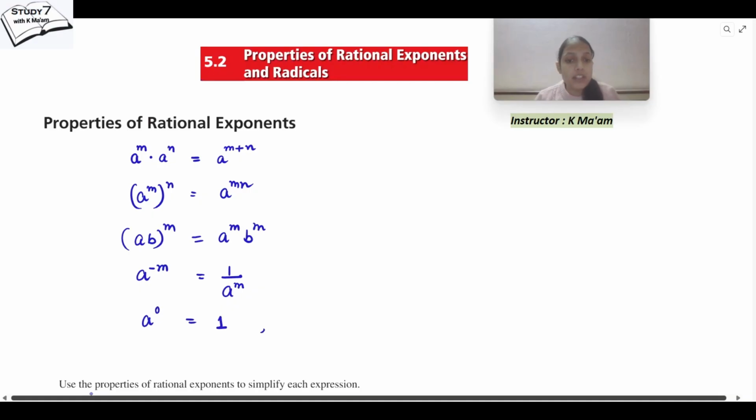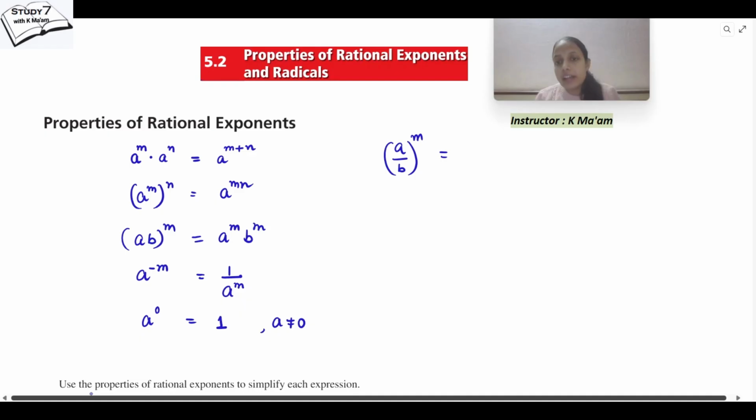Make sure a is not 0. You can't say 0 to the power 0 is 1. But any non-zero number, it may be positive, negative, rational, irrational, to the power 0 is 1, and a is non-zero.